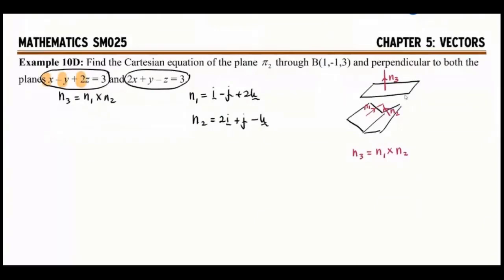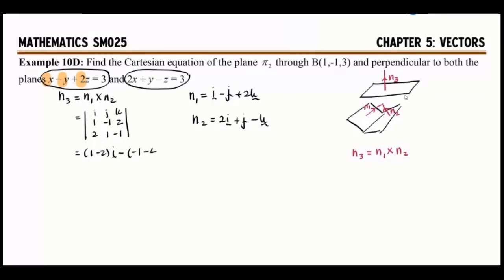Okay, so directly we do the vector product. We have 1, -1, 2 and -2, 1, -1. For the i, we have 1 minus 2, which is negative i. For the j, we have negative 1 minus 4, which is minus 5j, so the j term is plus 5.